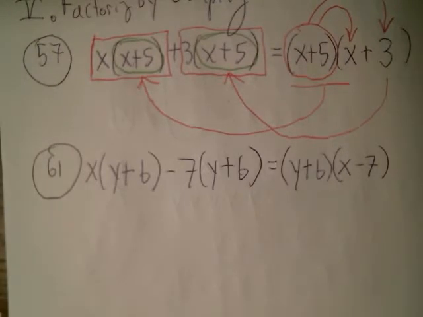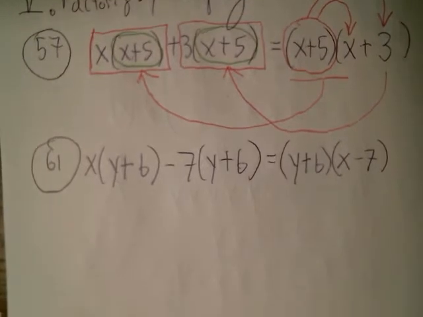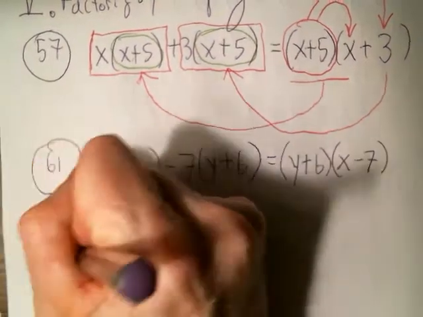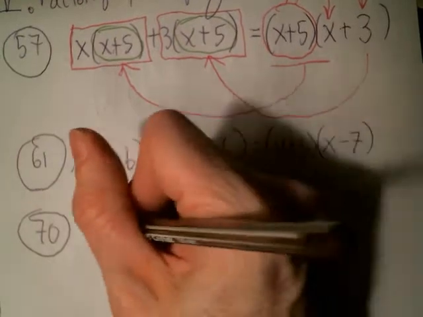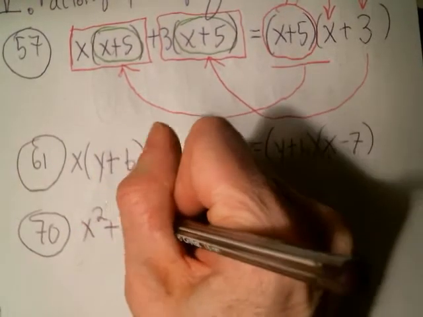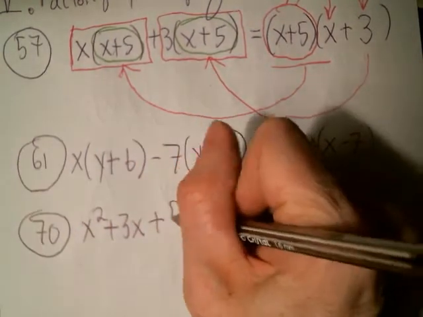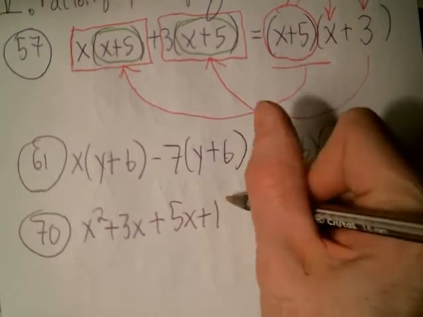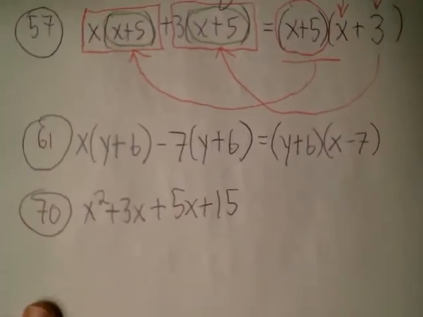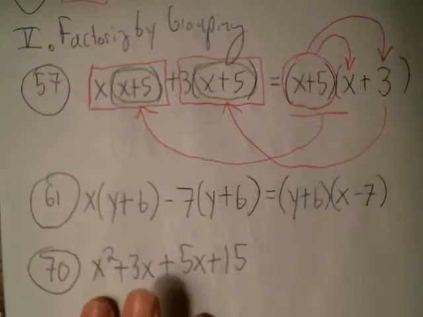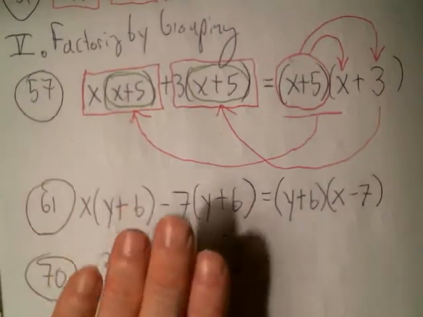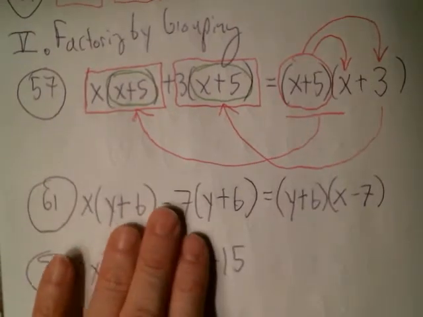Right, so once we accomplish that feat, we take it one step farther. Okay, so problem 70, here we have x squared plus 3x plus 5x plus 15. So I want to turn this problem into a problem that looks like number 61.